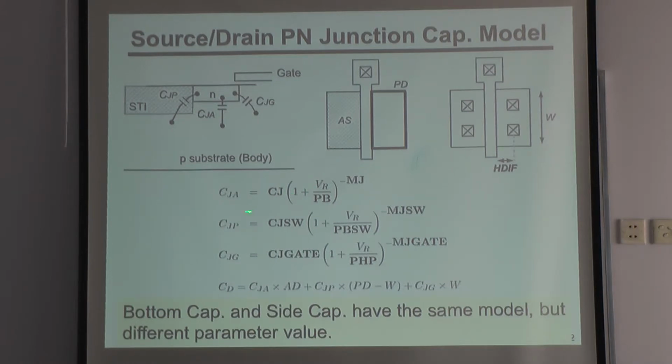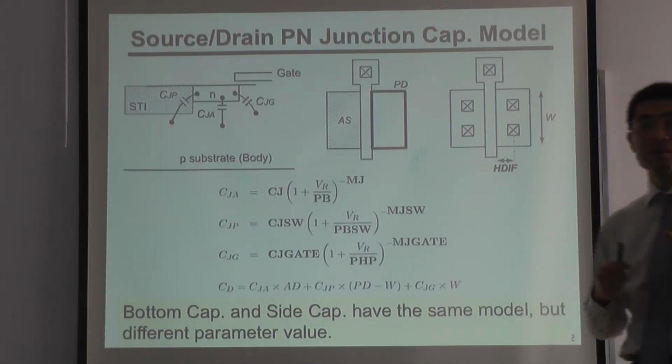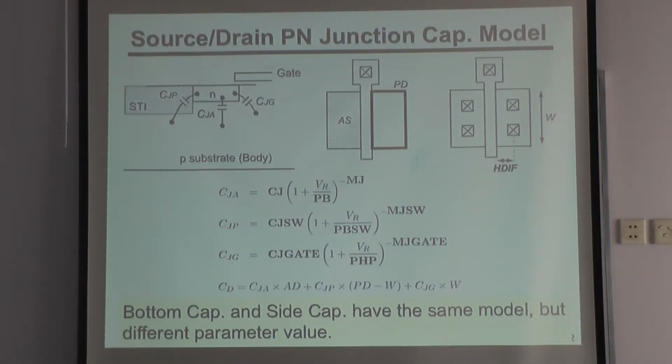Each capacitor has its own parameters. All of these are PN junction capacitances, so they have the same model but different parameter values.